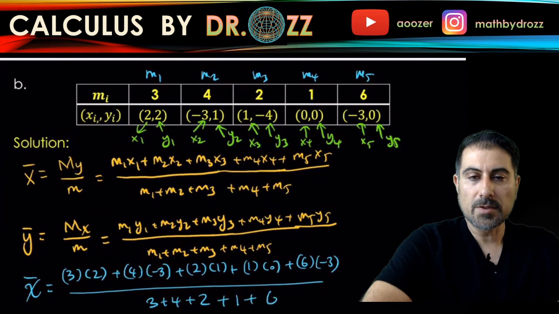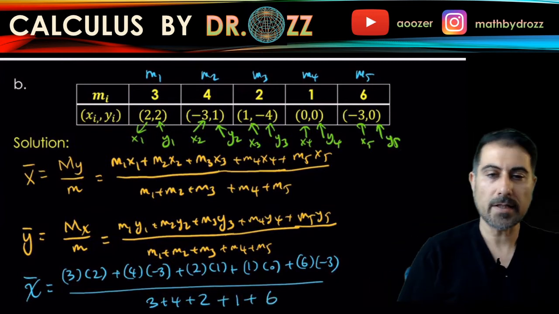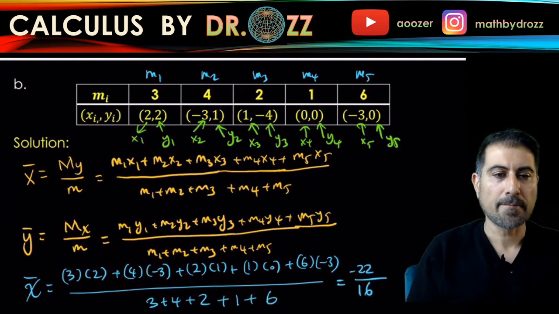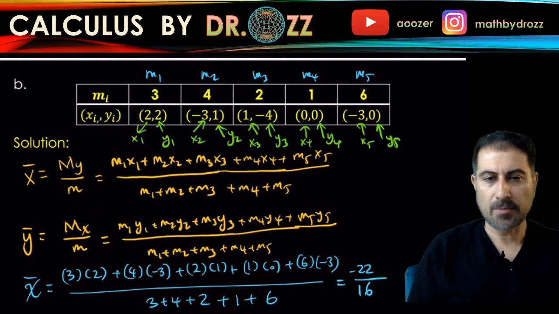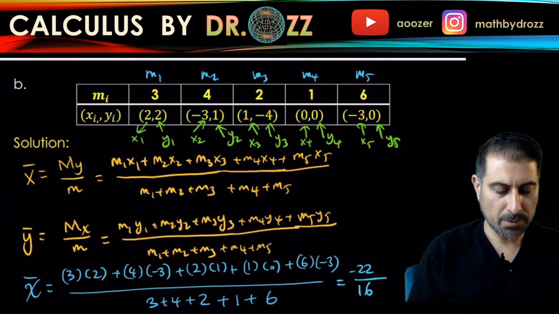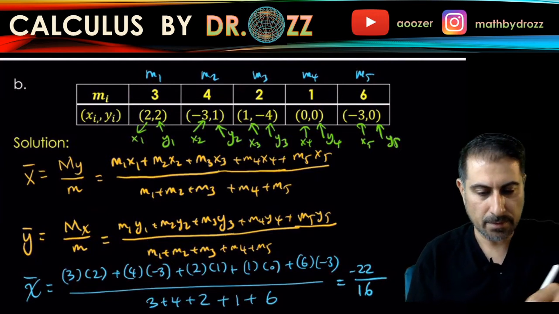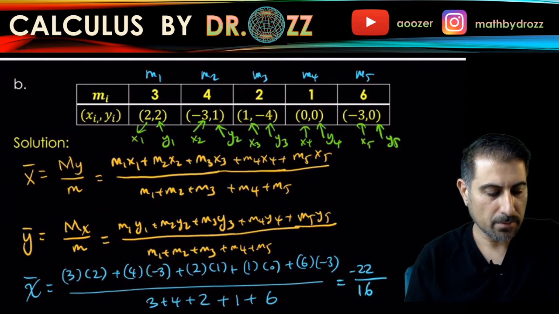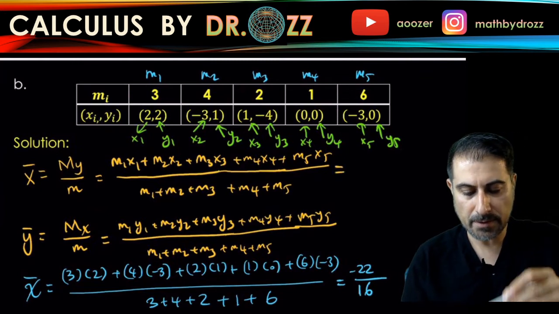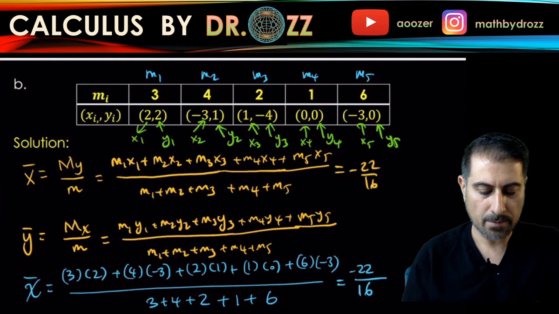Please go ahead and get this calculated. And this is what I got here. So negative 22 divided by 16. I'm going to go ahead and write this down here.